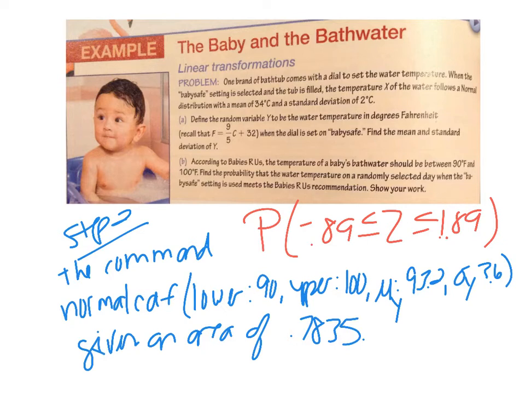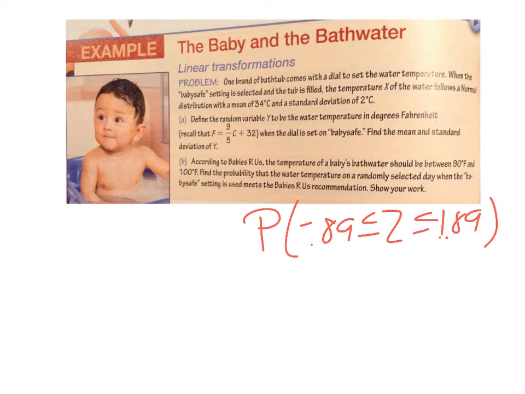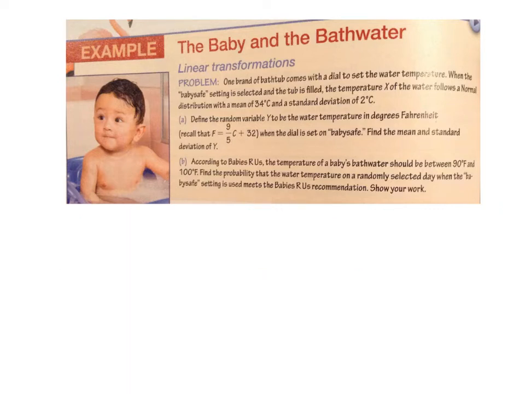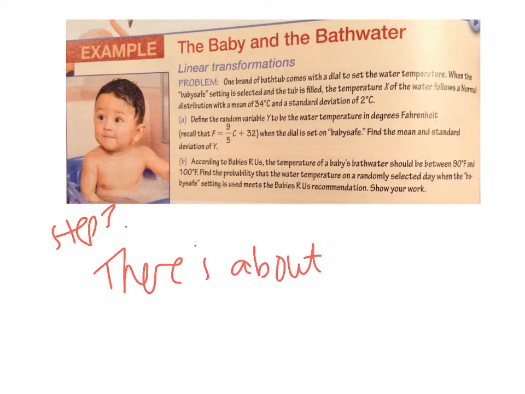So after this, I need to do step 3, which is to actually answer the question. This is when I put things in context and interpret what I'm doing. So I'm saying that there is about a 78% chance that the water temperature meets the recommendations on a randomly selected day.